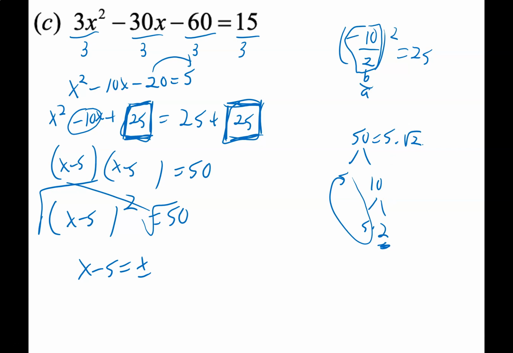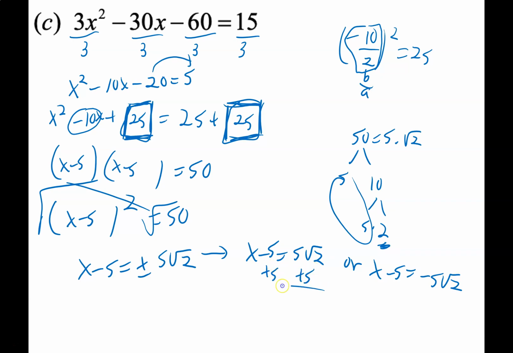So instead of saying plus or minus root 50, it's plus or minus 5 root 2. So then how do I finish? Well, I go 2 spots here. I go that either x minus 5 is positive 5 root 2 or x minus 5 is negative 5 root 2.